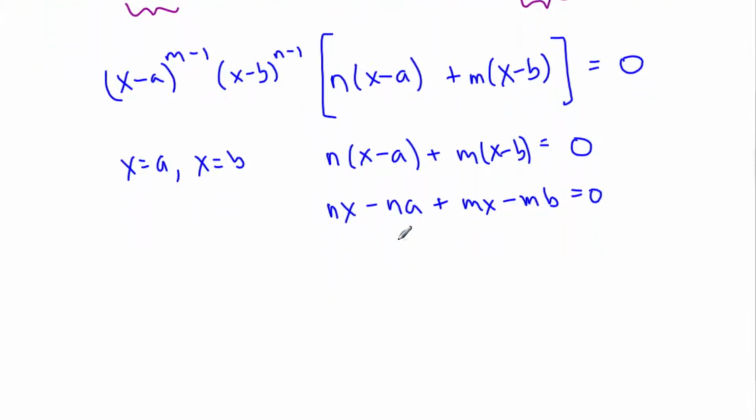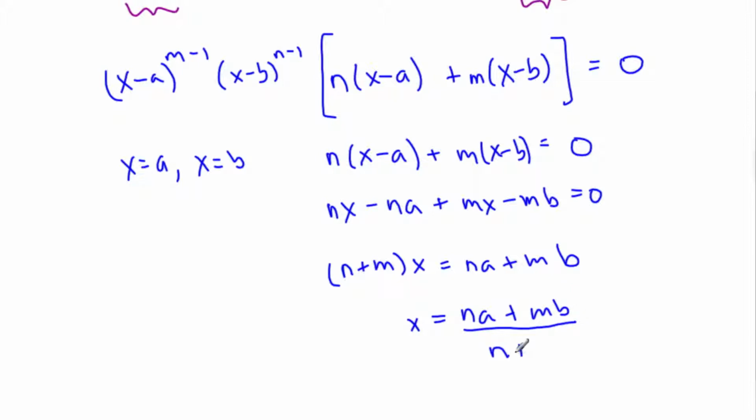And pair the x's: (n plus m) times x, and then move this piece and this piece over. We have na plus mb, and then finally we get x is equal to (na plus mb) over (n plus m).